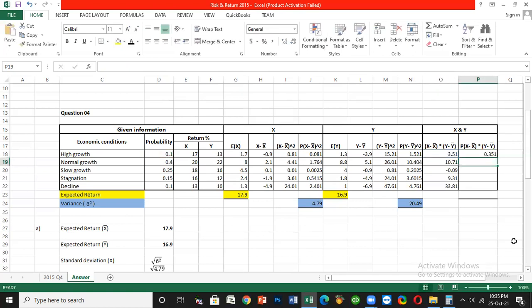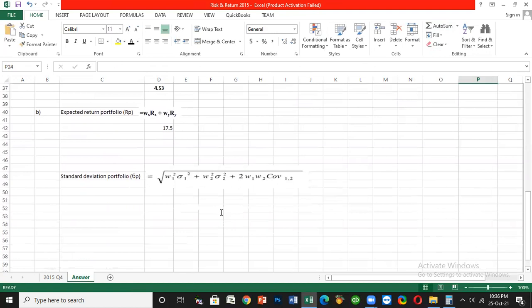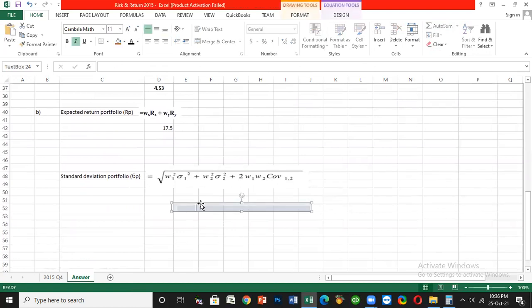Then enter. Then we can track for all the growth conditions. Then the sum of these values is called the covariance of X and Y. So 9.39 is the covariance.